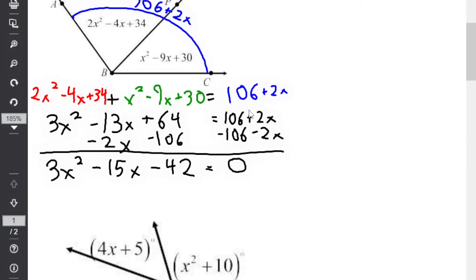All these are divisible by 3. So I can take 3 out of the whole thing. Then I'm left with x squared minus 5x minus 14. So that makes the numbers a lot easier to work with.